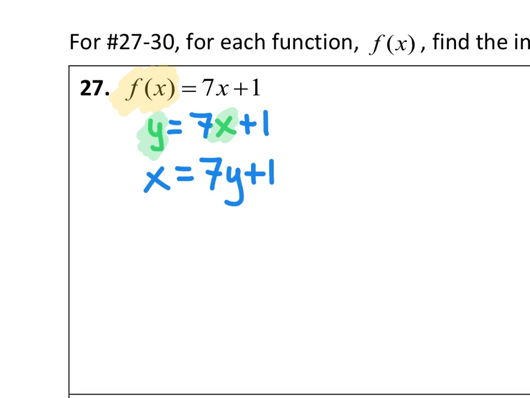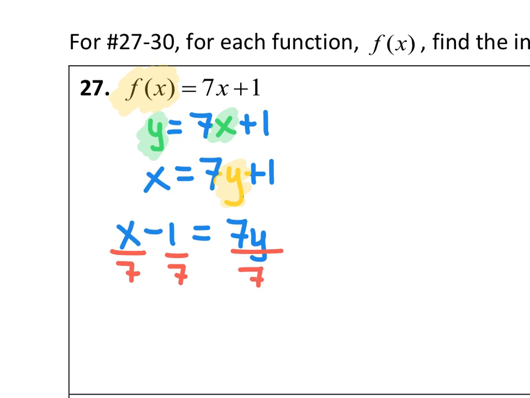And then the third step is to get the y alone. So now I want to get the y alone, so I'm going to start by subtracting 1 from both sides. So I have x minus 1 equals 7y. And then I'm going to divide everything by 7. So I'm dividing each term by 7.